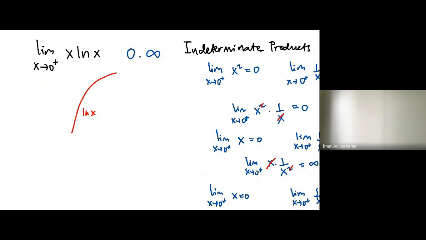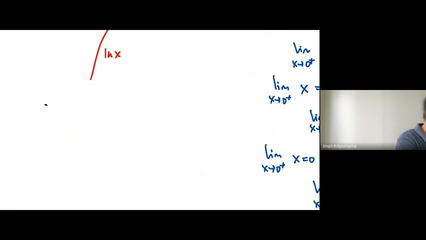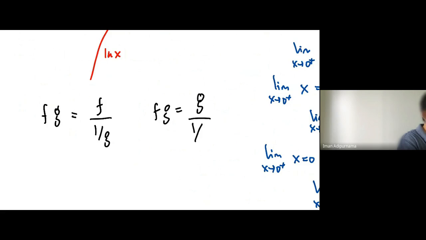But of course, we need to make some general solution through the L'Hopital rule if we want. We can think of f multiplied with g as f and then 1 over g, or as g and 1 over f.